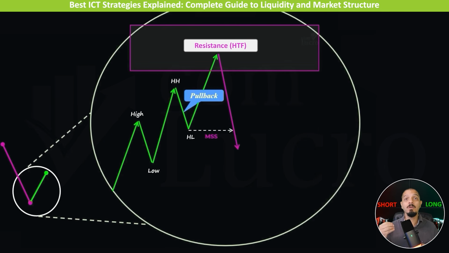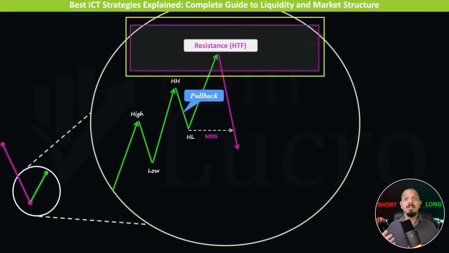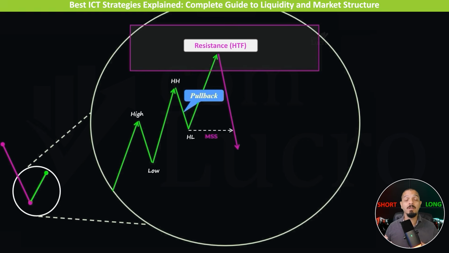Now you might be wondering how we can confirm whether this bearish move is a true structure shift rather than just a normal bearish correction before the next push upward. The main reason we classify this specific move as a market structure shift is that price tapped into an unmitigated resistance zone, such as a supply area, a fair value gap, or a breaker, and then reacted sharply from that level.